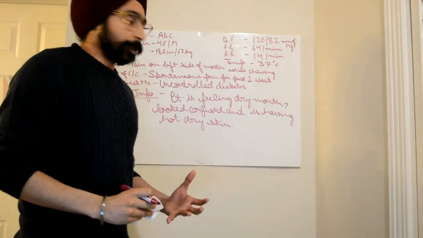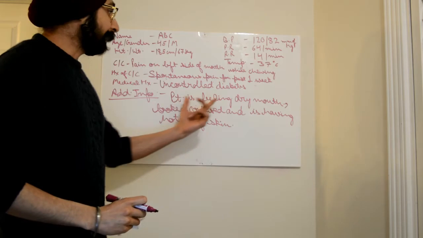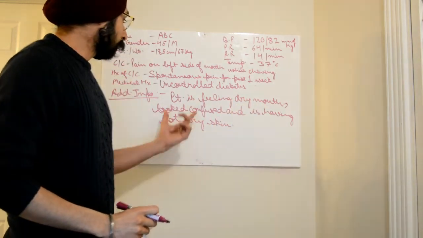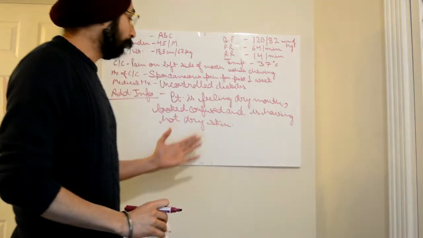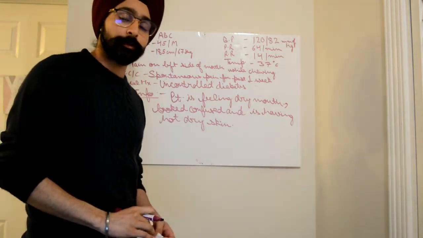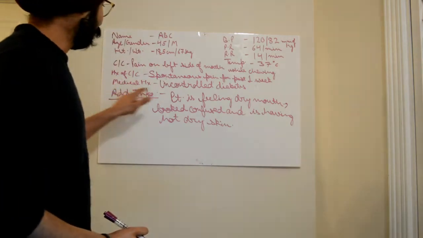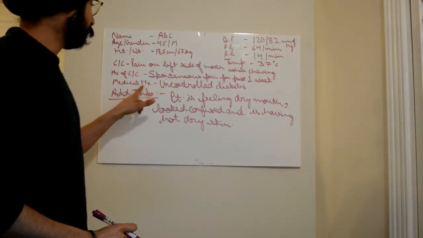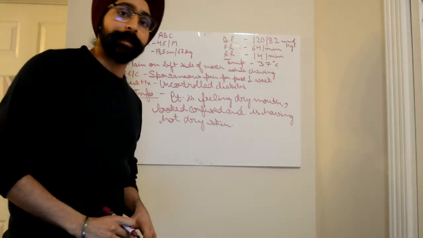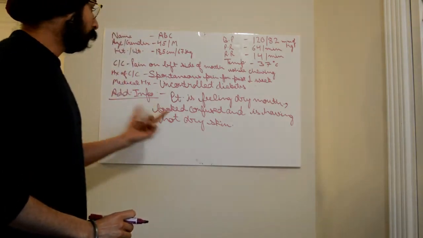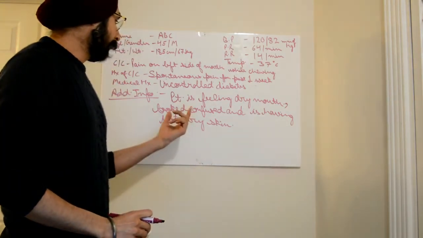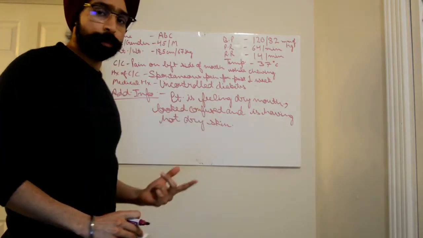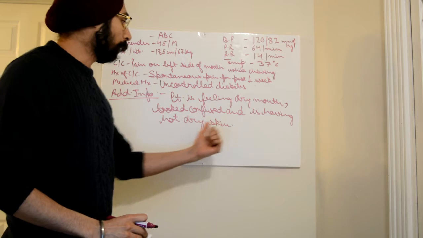The next emergency is the patient is feeling dry mouth, looks confused and is having hot dry skin. Before I go into the diagnosis of the emergency, you might have noticed that I have changed the medical history to uncontrolled diabetes. Now, the patient was feeling dry mouth. He is confused and he is having hot dry skin.